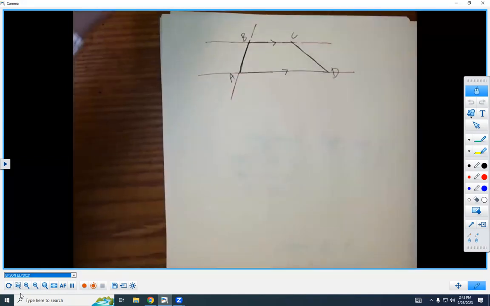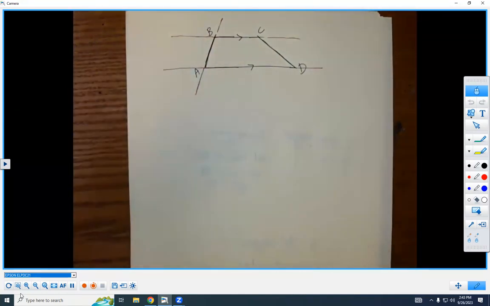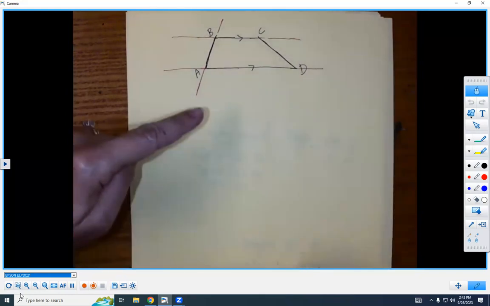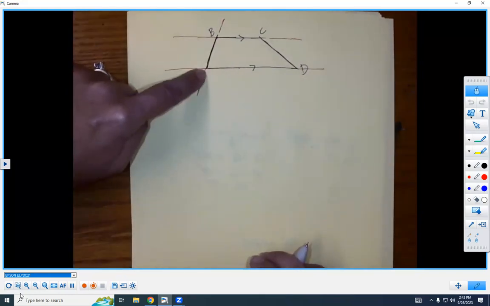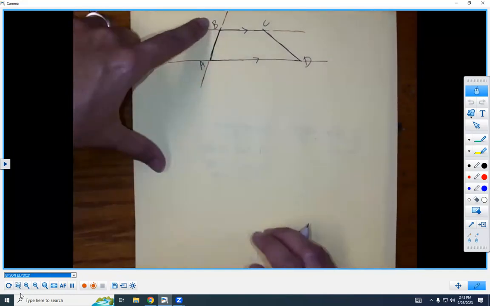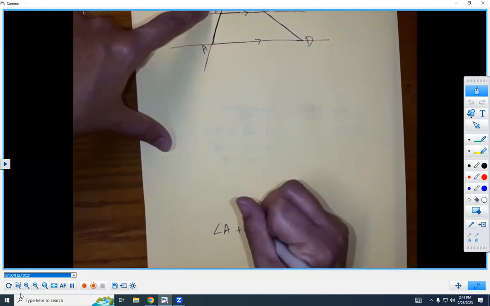So I'm going to zoom out a little bit and let's write out the proof. What's our goal here? What are we trying to show? We're trying to prove that angle A and angle B add to 180. So my goal is to show angle A plus angle B equals 180.